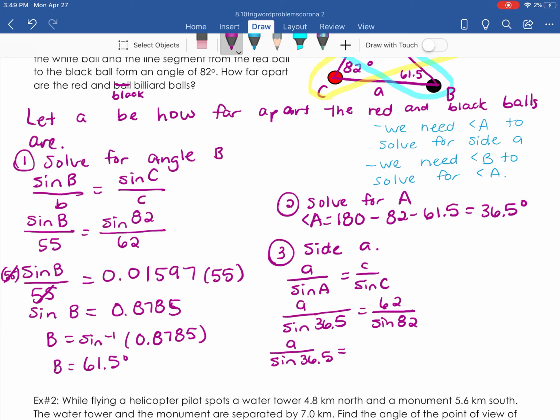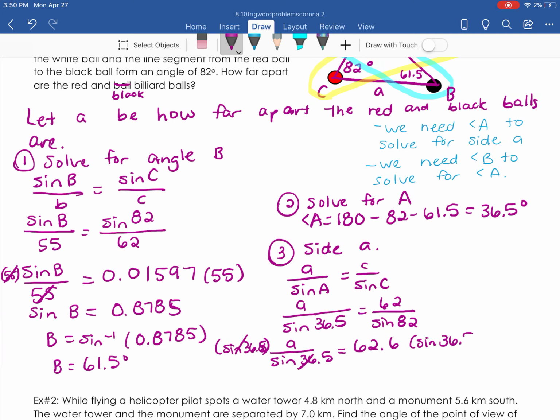I'm going to do 62 divided by sine 82, which is 62.6. To get rid of the sine, 36.5, oops, you have to multiply to cross it out.